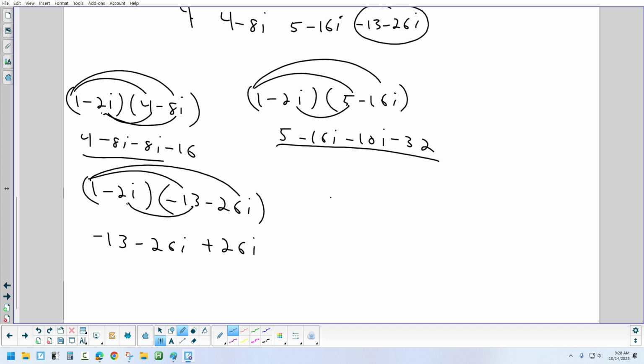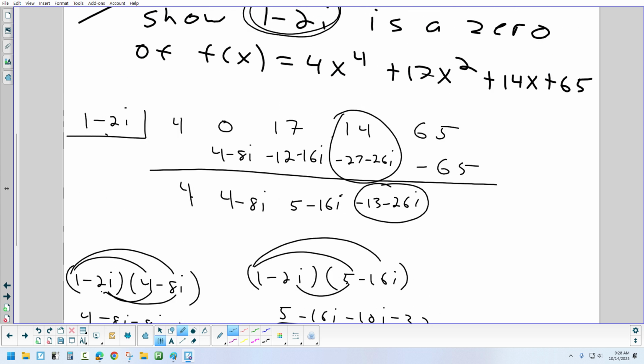Negative 2i times negative 26i, that's positive, what's 26 times 2? 52, but it's 52i squared, which means it's negative 52. Those cancel out. And what's negative 13 minus 52? Negative 65. Yep.